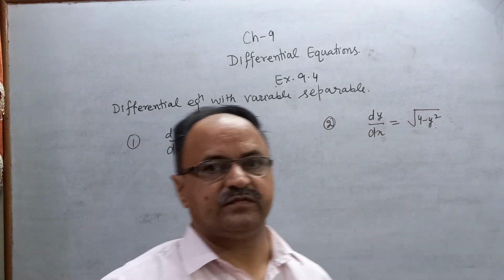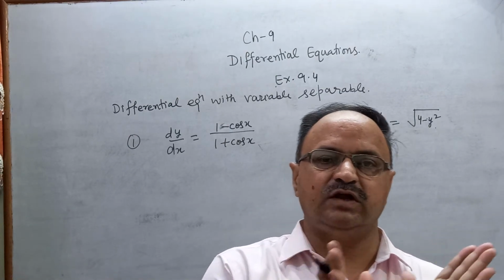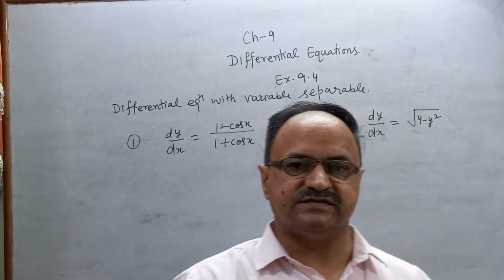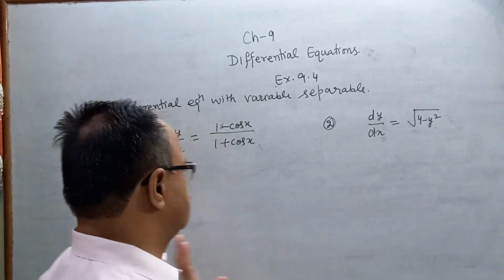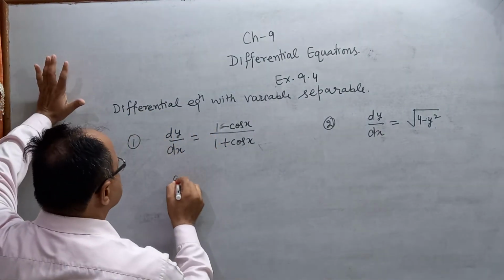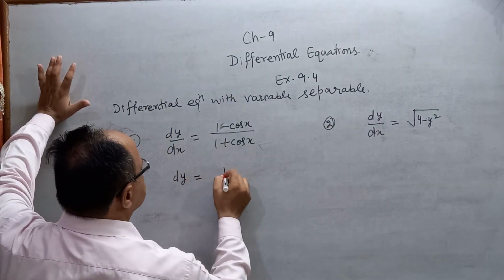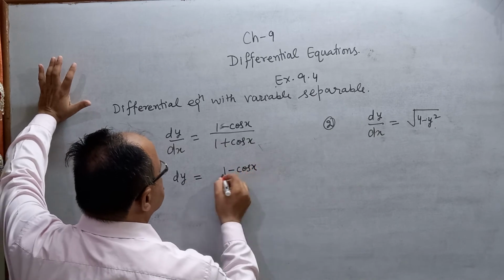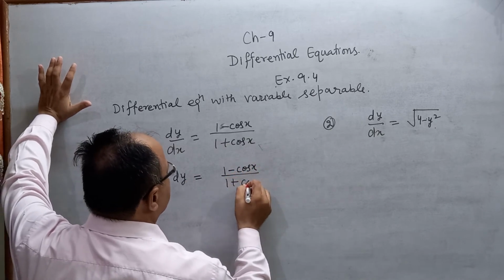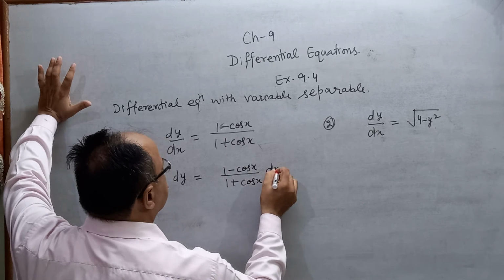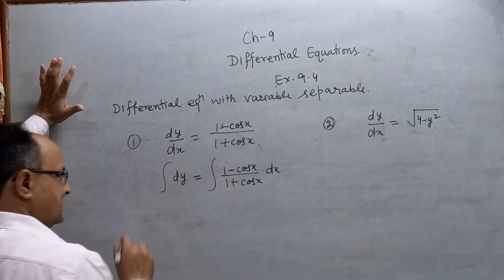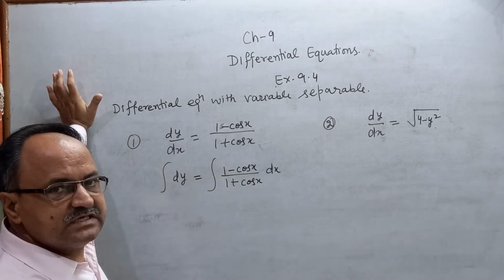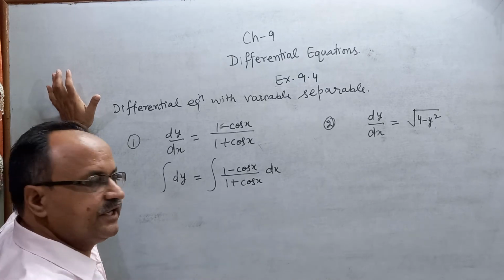In this type, variable separable means the y quantity on one side, the x quantity on the other side, separate, then integrate. So dy is equal to (1 minus cos x) upon (1 plus cos x) dx, then integrate. Separate the variable, y quantity on the left hand side, x quantity on the right hand side, then integrate.